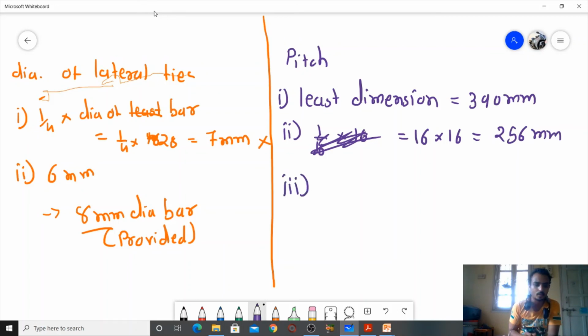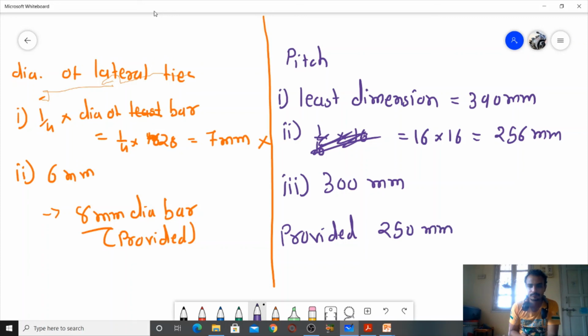And the third one is 300 mm. So we can provide spacing as the smaller of these values. So provided 250 mm spacing. Spacing means pitch.